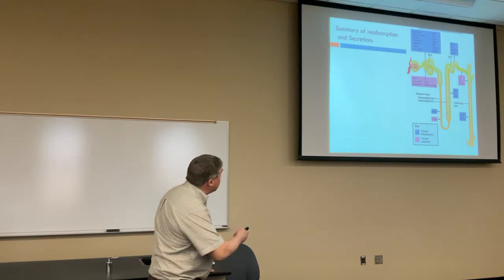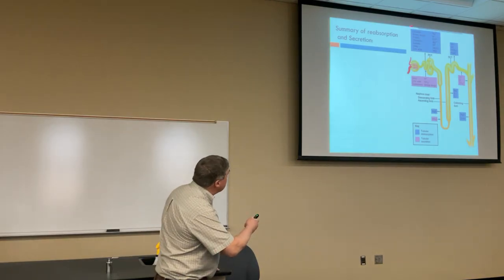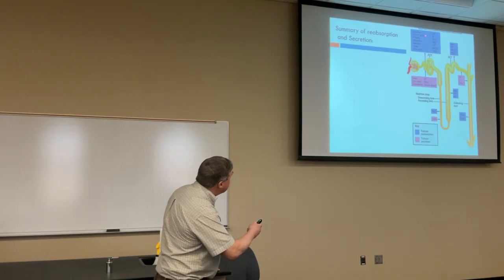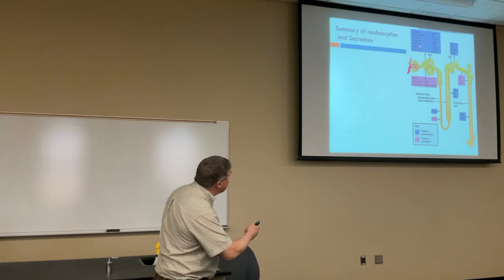And so in the proximal convoluted tubule, we get reabsorption of glucose, amino acids, smaller peptides, vitamins, lactate, urea, uric acid, and lots of electrolytes.